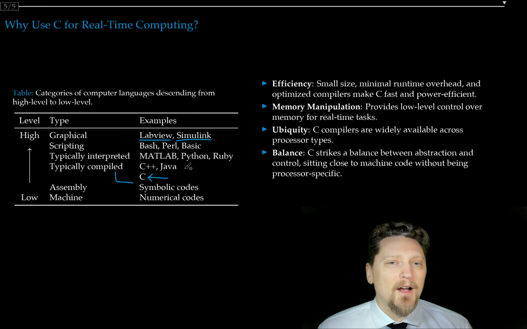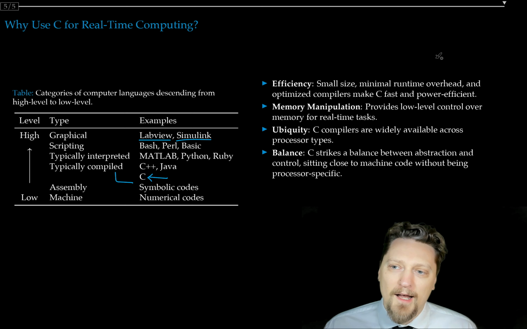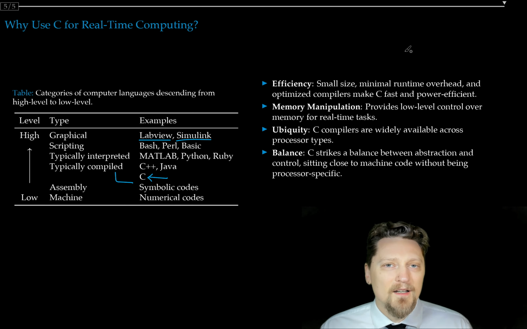So C is where we want to be. And why is that? First of all, efficiency. It has a small size in memory, minimal runtime overhead, and optimized compilers make C fast and power efficient, which is often good for real-time and for embedded computing.